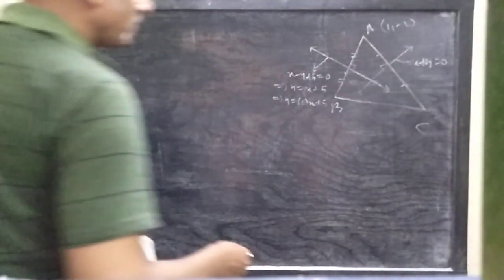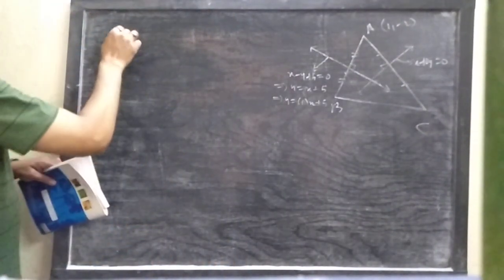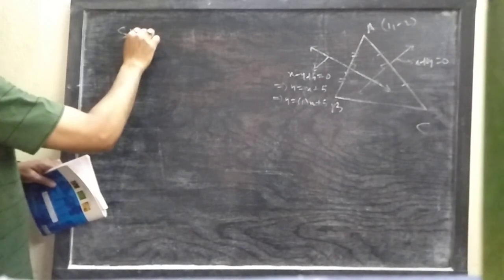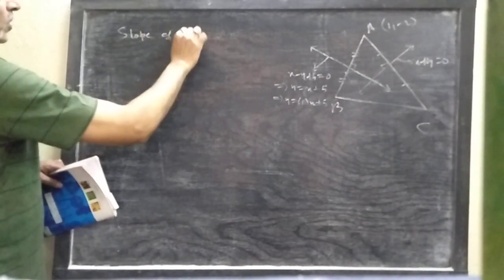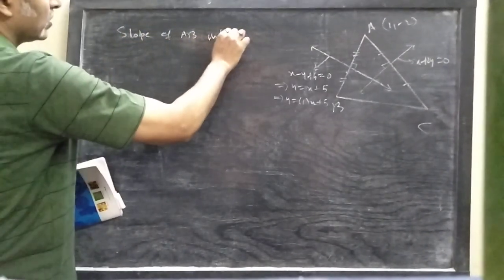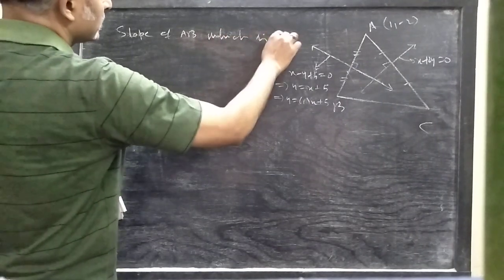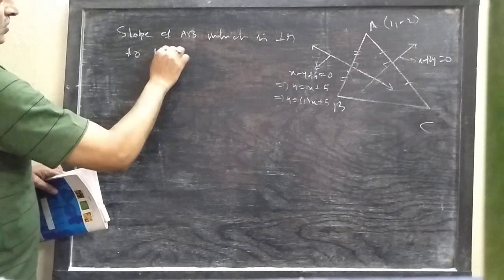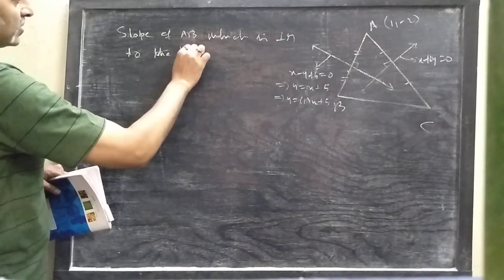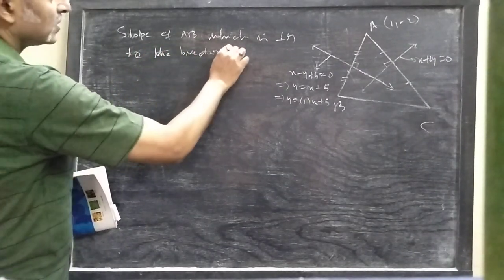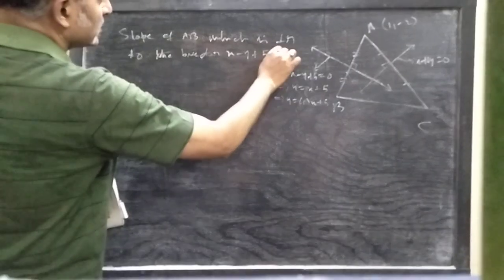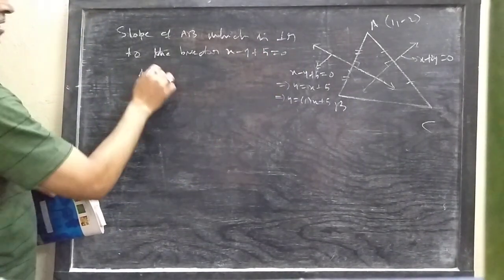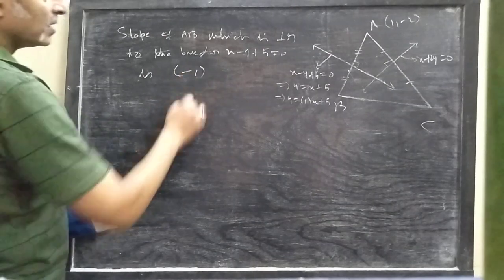So the slope of AB, which is perpendicular to the bisector x minus y plus 5 equals 0, is minus 1.